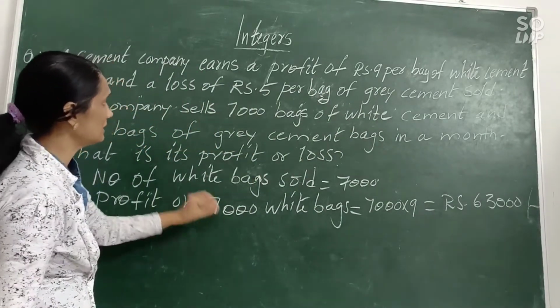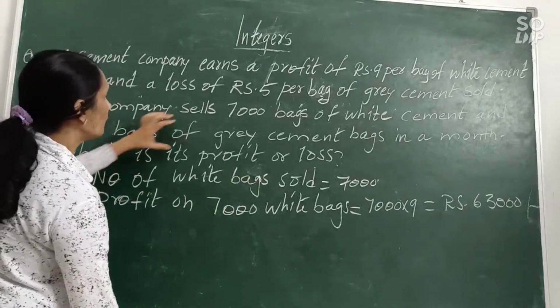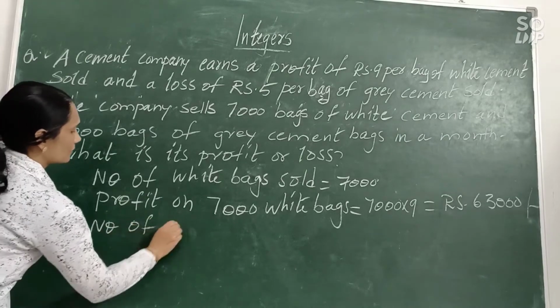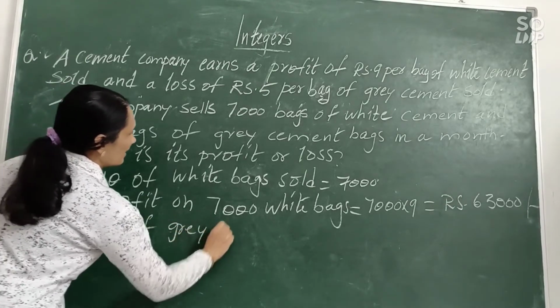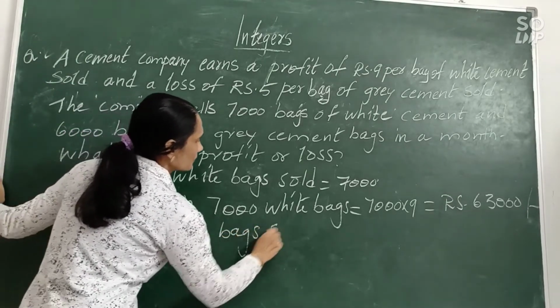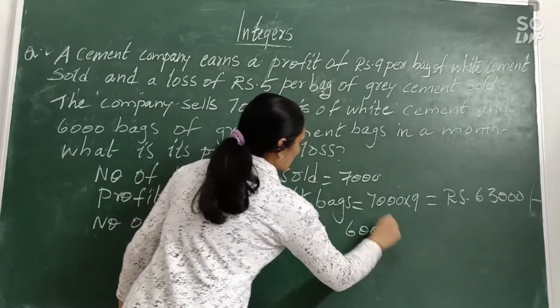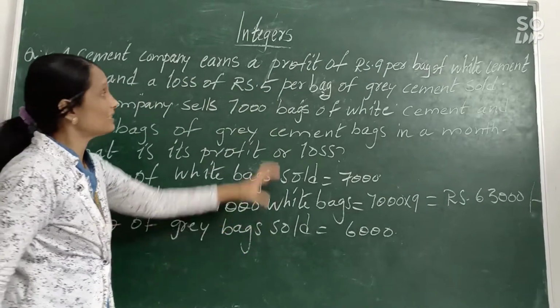Okay, now let us discuss the loss. Number of grey bags sold, how many? Yes, 6,000. So by selling the grey bags, they are getting only the loss.